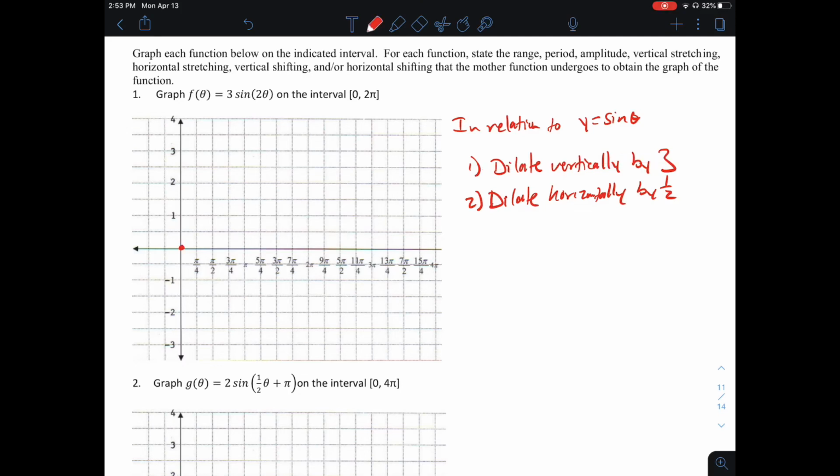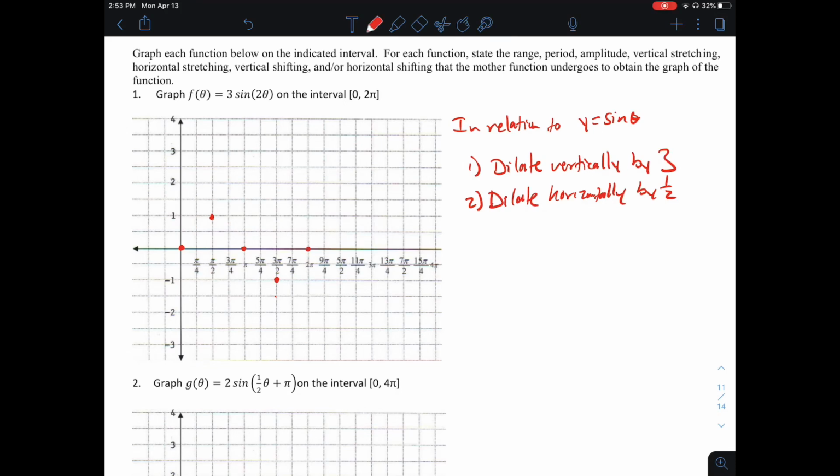If the parent graph looked like this, and it's dilated horizontally by a half, instead of the period being 2 pi, the period's going to be pi. So that means we would have to fit this entire graph.